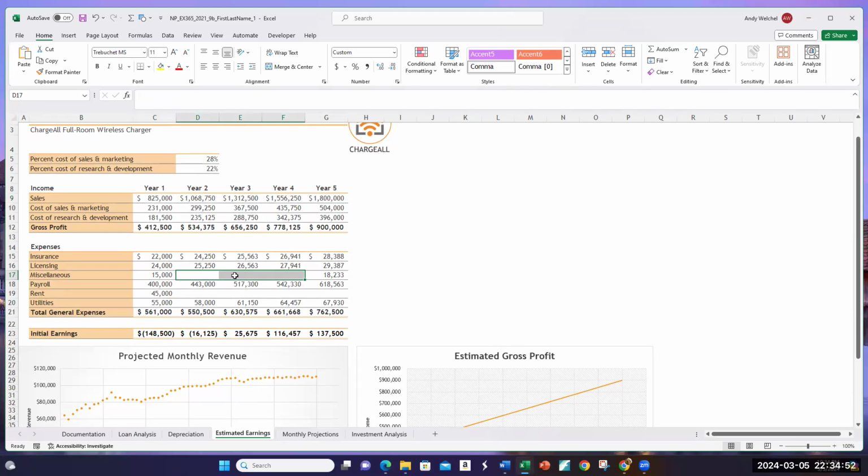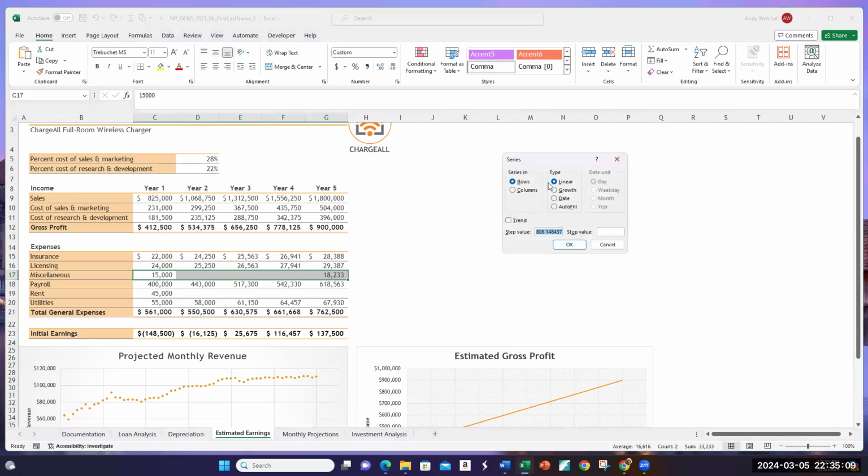And so in this one, we're going to use the growth trend, not the linear, but the growth trend interpolation. So again, just like before, we're going to highlight all these and go to Fill, Series, and select Growth. And hit OK.